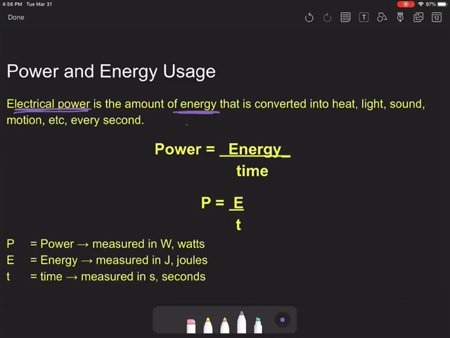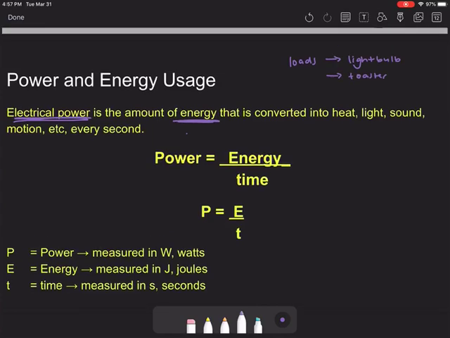Right? And remember that in the previous lesson about resistance, we introduced the word loads. So a load is just anything that converts electrical energy into something else. For example, a light bulb was a load that converted electrical energy into light energy. We also talked about a toaster converting electrical energy into heat energy.